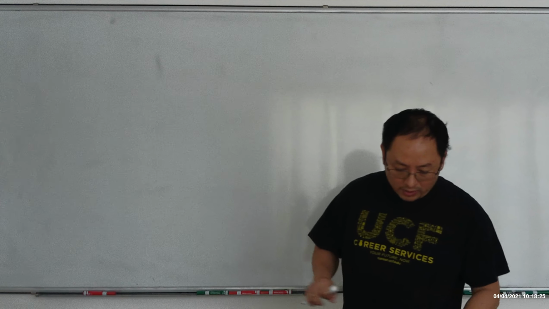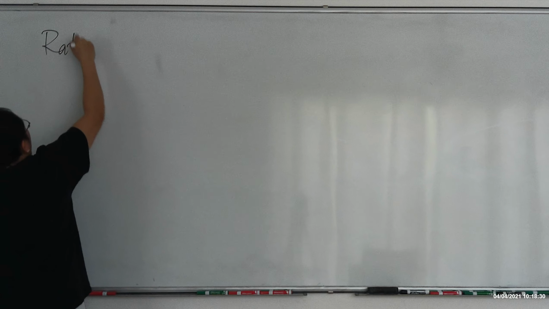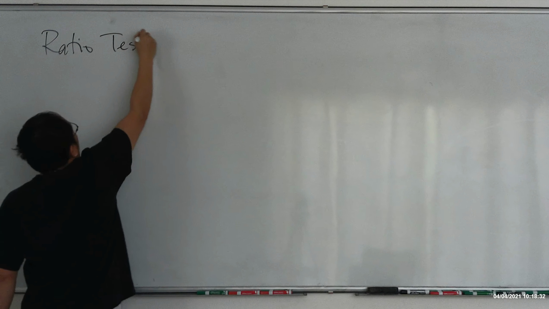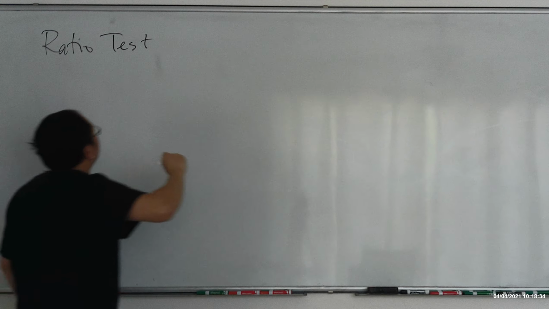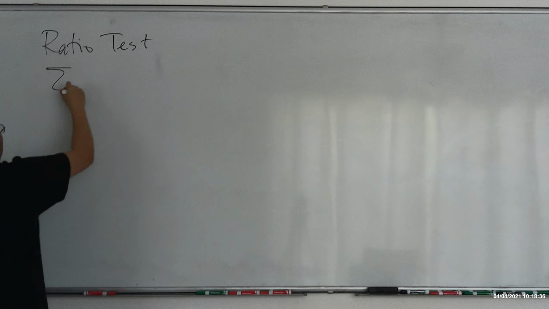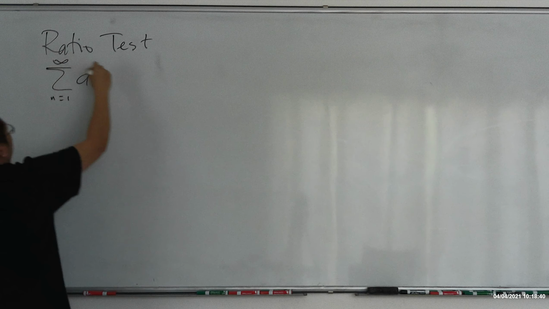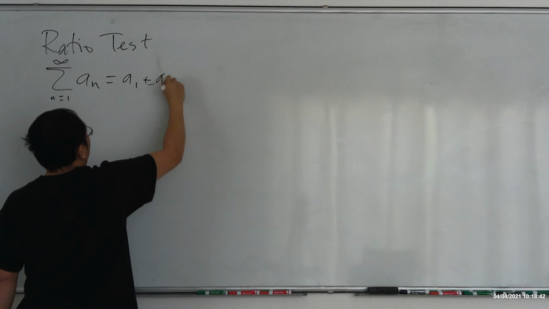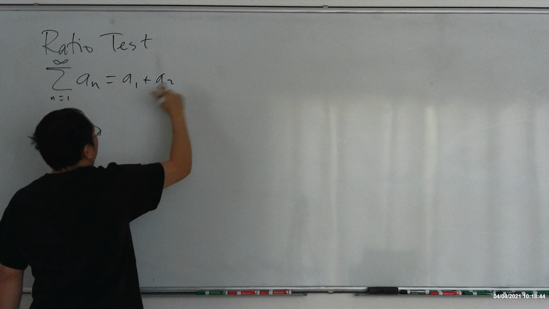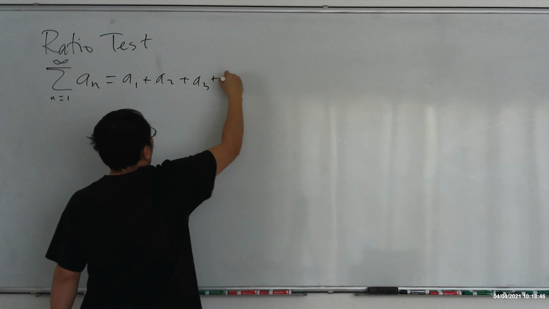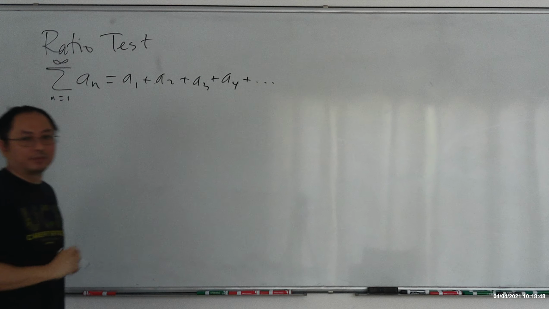So we have a series. First of all, ratio test. First of all, we have a series a_n, n equal to 1 to infinity, which is a1 plus a2 plus a3 plus a4 plus and so on.